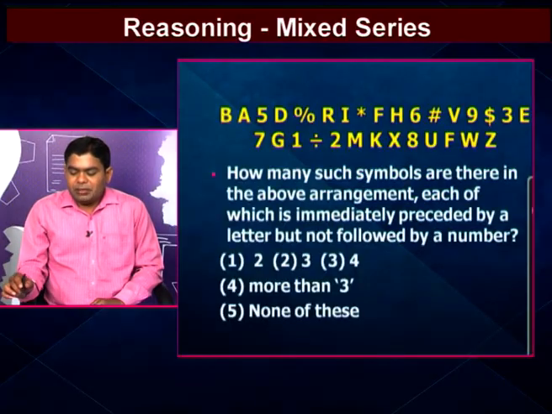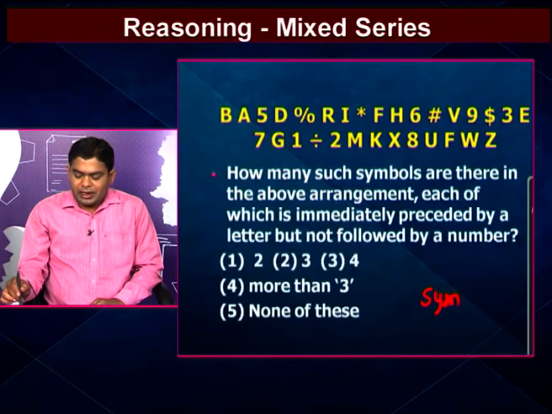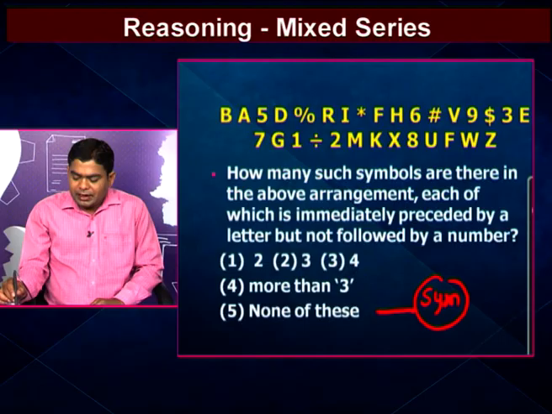How many such symbols are there in the above arrangement, each of which is immediately preceded by a letter but not followed by a number? That means we go to the symbol and verify the left side and right side.